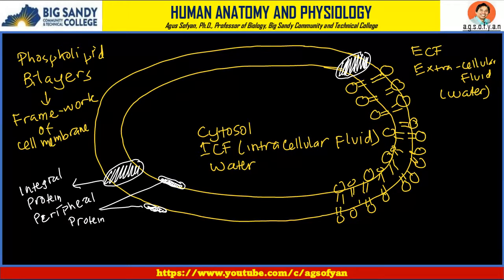Okay, so the framework of the cell membrane is phospholipid bilayers. There are proteins, whether integral or peripheral proteins. And there is another type of molecule in the cell membrane, and this molecule is called cholesterol.